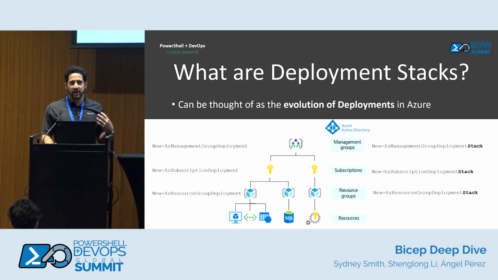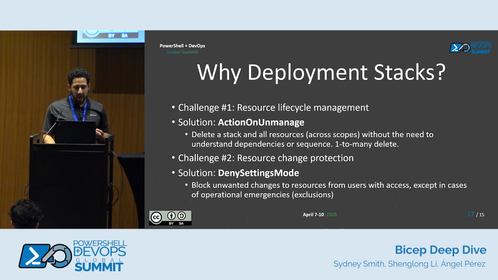And what it's meant to be thought of as is a very simple way to deploy templates, similar to the one you're already used to, that brings two new capabilities into the fold just by using deployment stacks. And that's what we're going to talk about today in this demo. So those two capabilities, more specifically, address those challenges that we talked about separately.